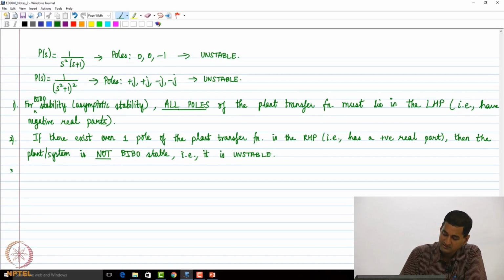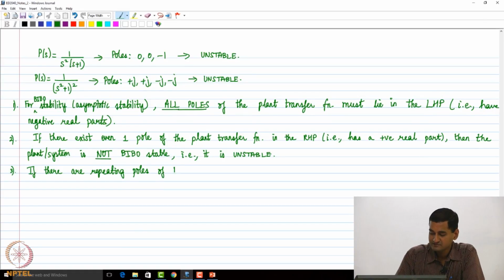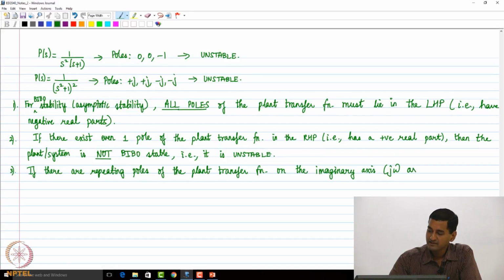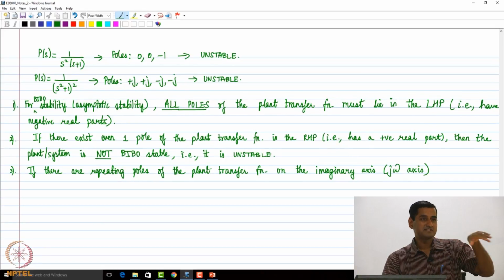This is point number 2. Let's say point number 3: if there are repeating poles of the plant transfer function on the imaginary axis, what we call the j omega axis, because s is written as sigma plus j omega.